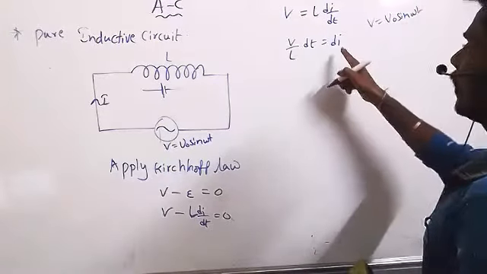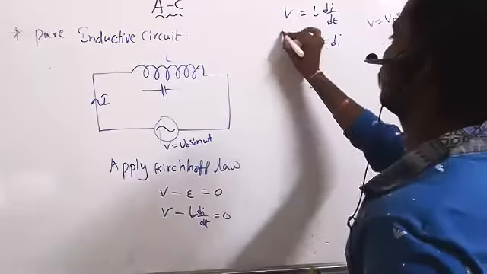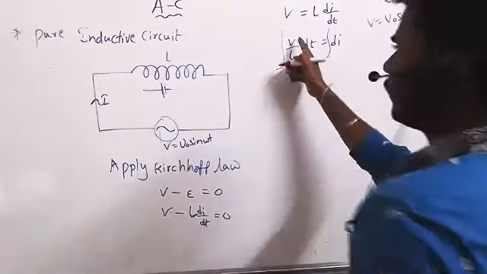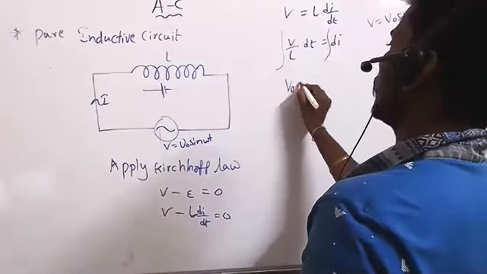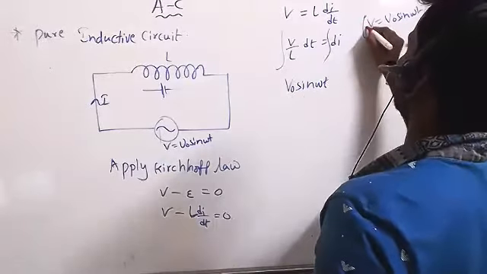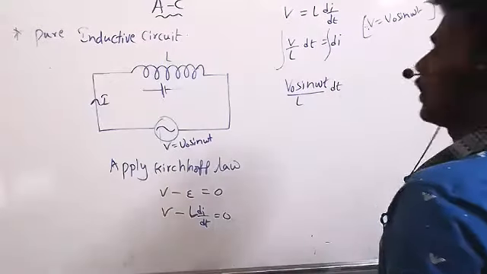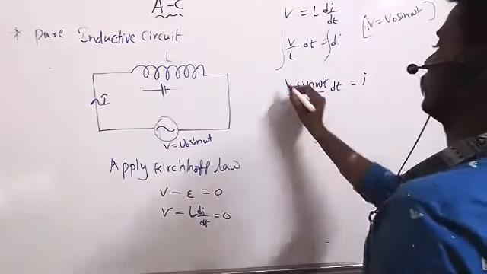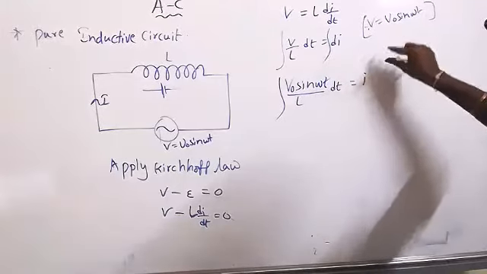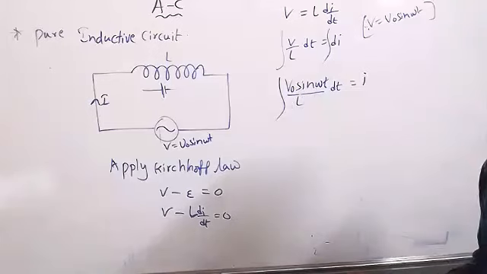But this is the small current, and we want the total current, right? Apply integration on both sides. Substitute V equal to V naught sin omega t, so V naught sin omega t by L dt. Adding di plus di plus all the small di's, it will become I. That's all. We didn't do anything else.